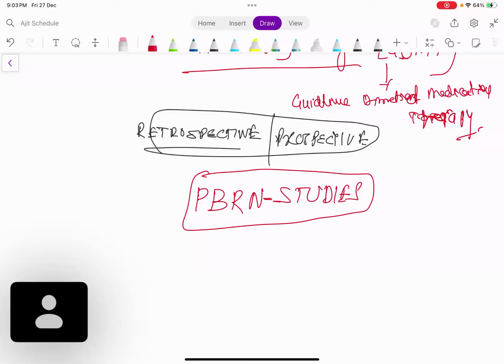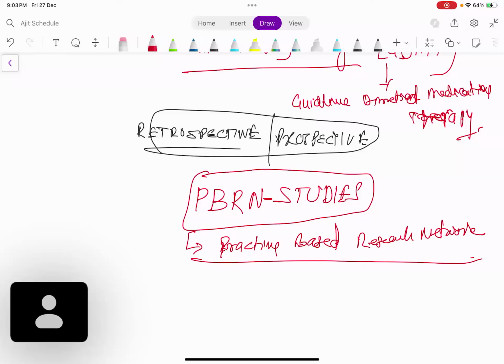See, PBRN studies are nothing but, let me first explain this. PBRN is practice based research network. We call it a practice based research network study.